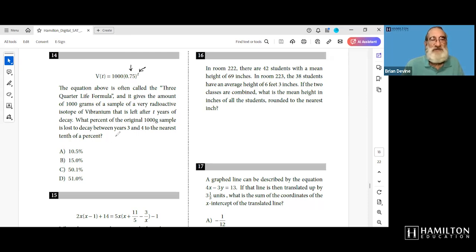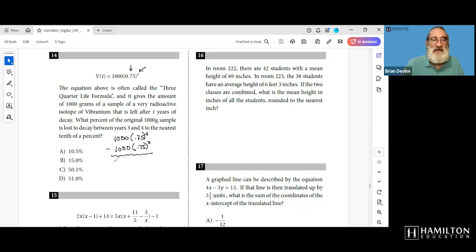Well, I could do this. If I've got 1,000 times 0.75 to the 4, that would be how much remained by the 4th year. And then I take away 1,000 times 0.75 to the 3, which is what remained up to the end of year 3. Then that would give me what was lost in between.